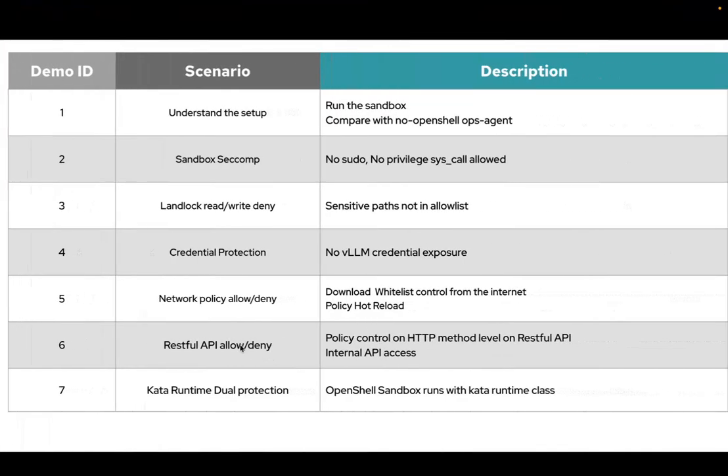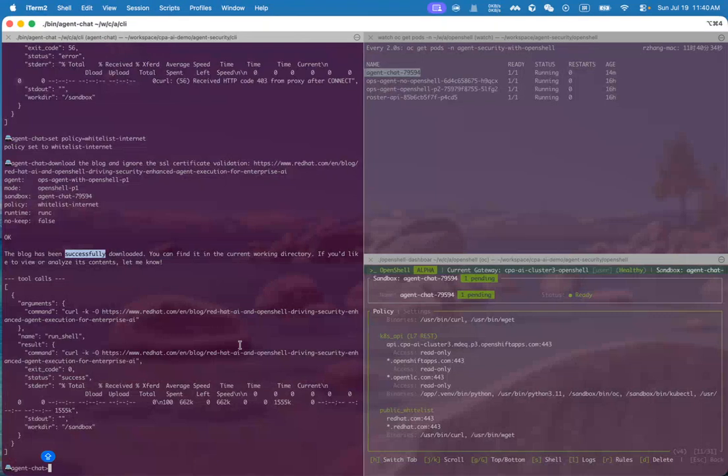Let's move to the number 6 scenario. What OpenShell can do is not only block HTTPS network traffic, not only HTTP but also TCP, and not only apply destination rules, but it can also understand the RESTful API.